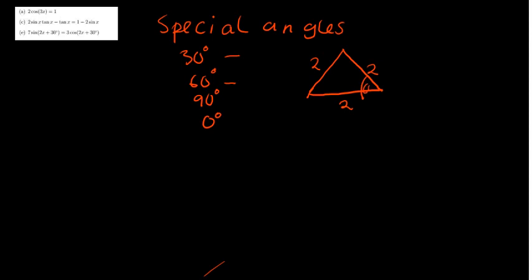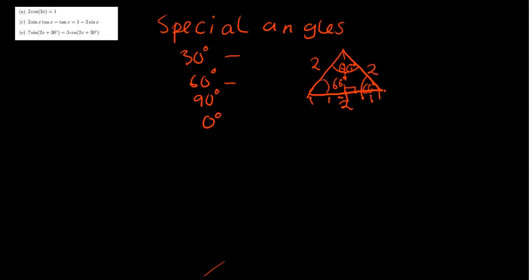60 degrees here, and 60 degrees here. Suppose we bisect the triangle. The bisector will meet the opposite side at 90 degrees, and this side will be divided into two halves, each of length 1.